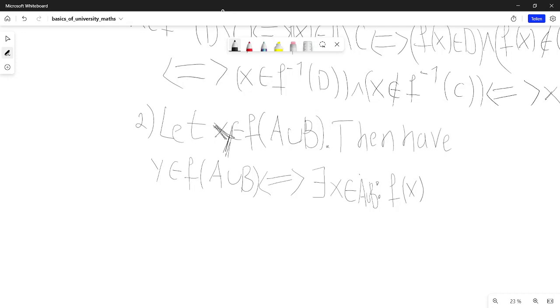Such that f of x, so such that y is the element that is assigned, right? And of course, by taking such an x, there might be multiples, but by taking such one, we can write that certainly there exists.